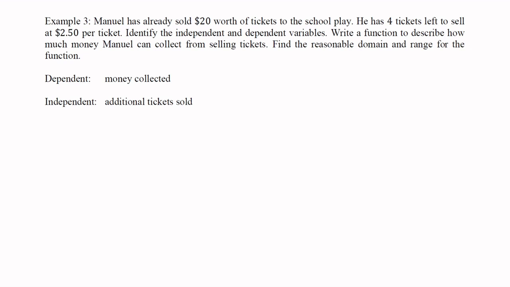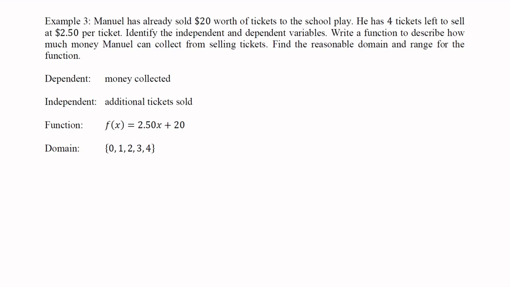Our function is going to be $20 that he's already sold plus the price per ticket times how many more he could possibly sell. So that's 2.50x plus the 20 that he's already sold. So our domain is 0, 1, 2, 3, and 4 because he has 4 more tickets left to sell. He could sell no more tickets.